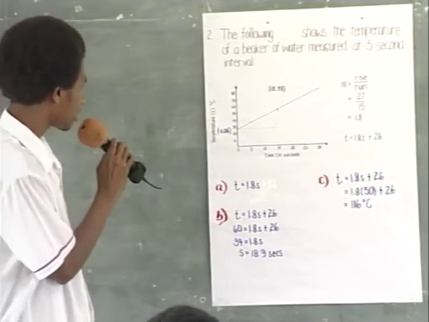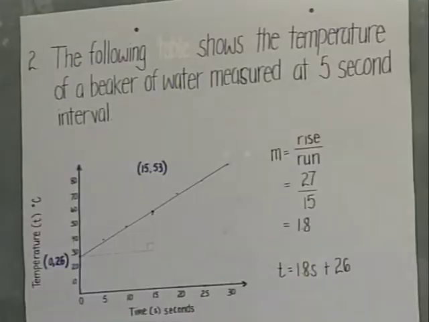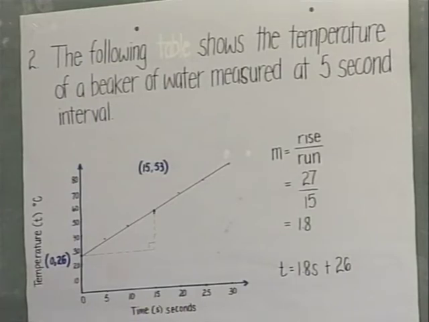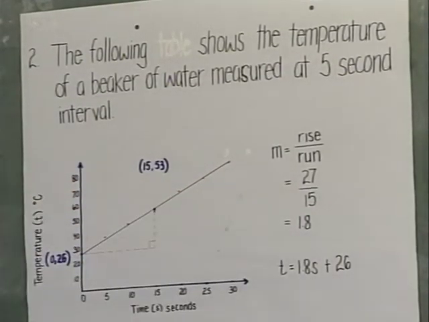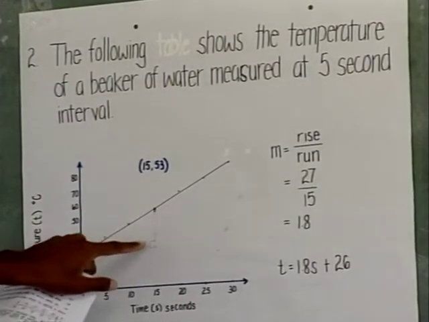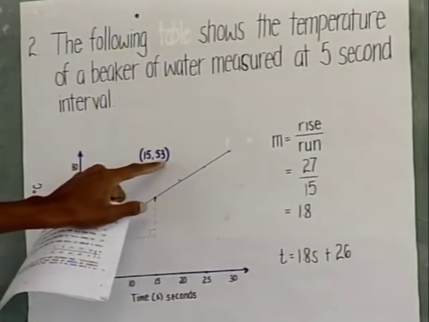The following shows the temperature of a beaker of water measured at 5-second intervals. Firstly, we calculated the gradient. So we used the average point, which has coordinates 15 and 53.